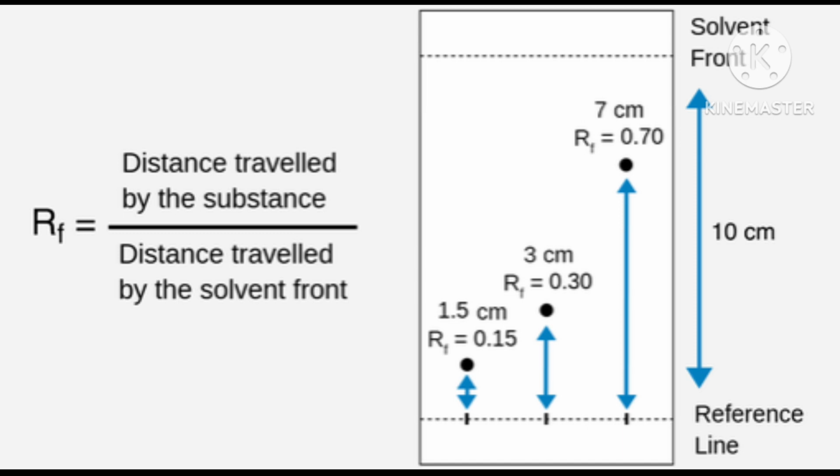One end will be open, and the other end will have a stopcock. The column is fitted with a stopcock at its lower end.